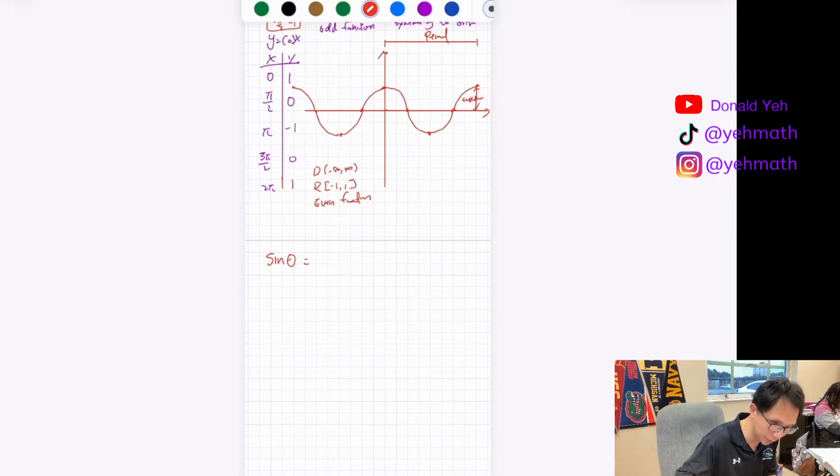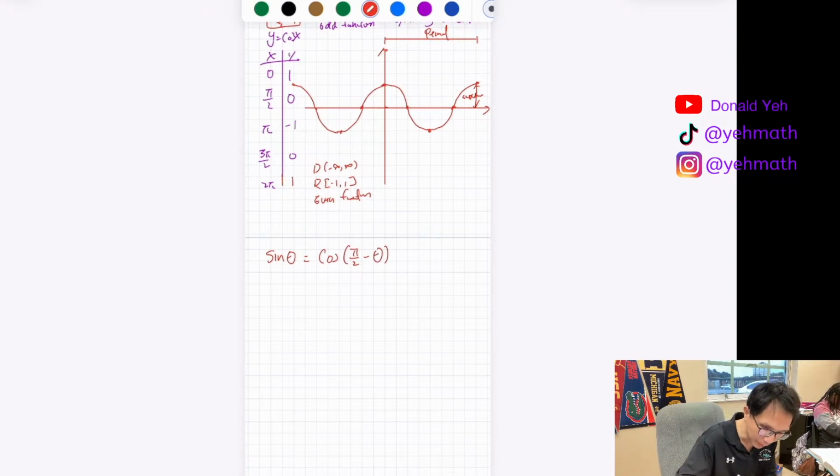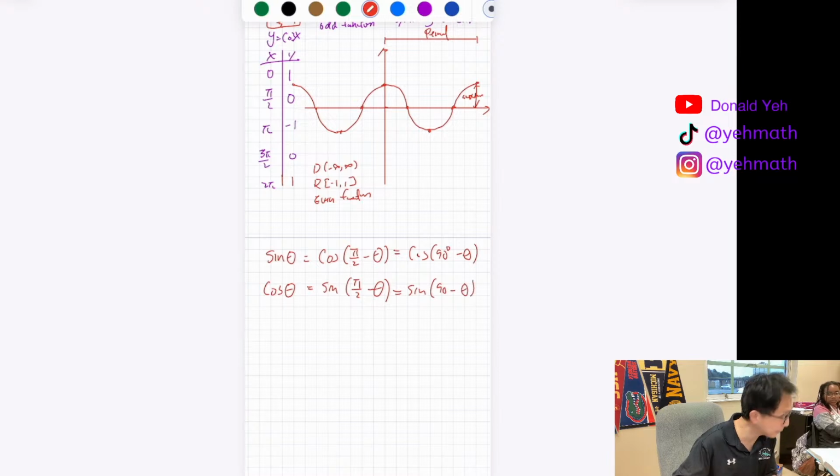sine of theta is equal to cosine of pi over 2 minus theta. And cosine theta is equal to sine of pi over 2 minus theta, or cosine of 90 degrees minus theta, sine of 90 degrees minus theta.